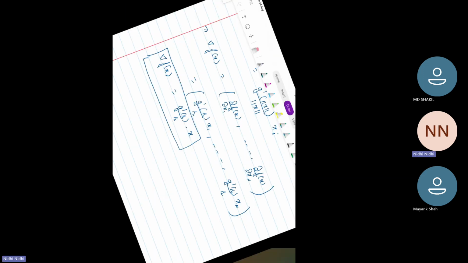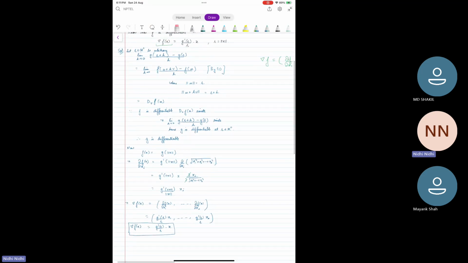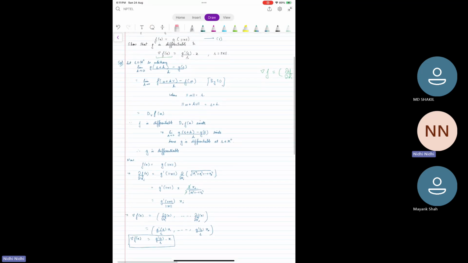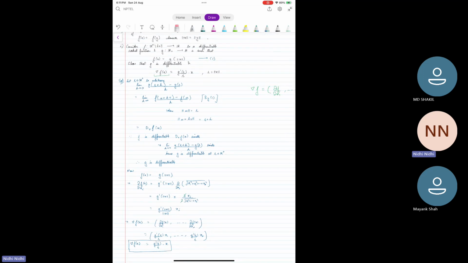I hope this is clear how we proved the differentiability of g and the gradient of f in terms of g. Radial functions are actually very good functions, because whenever our function is vector valued, suppose, and we know that the function is radial, it is eventually depending on a one variable function.